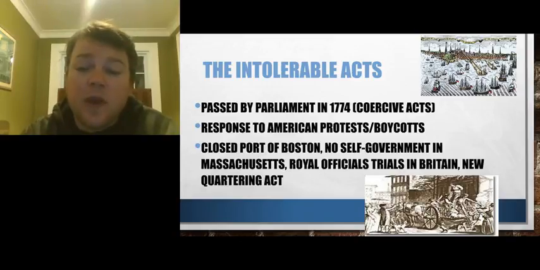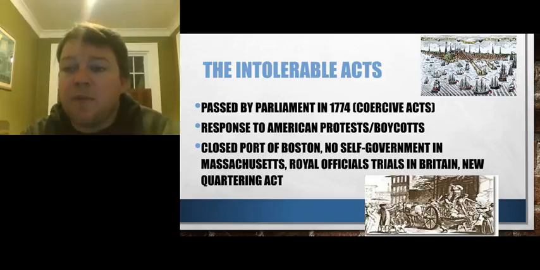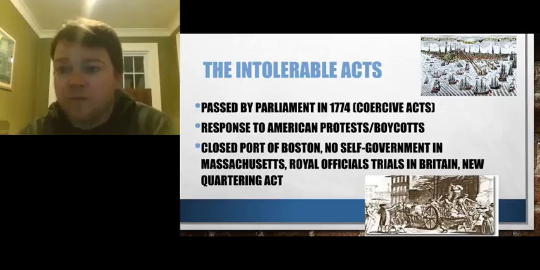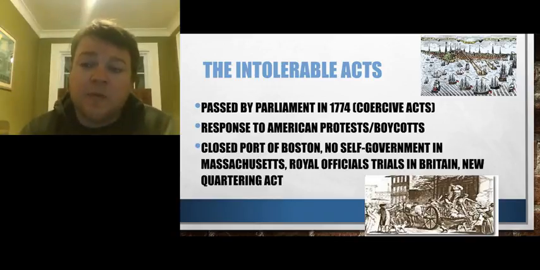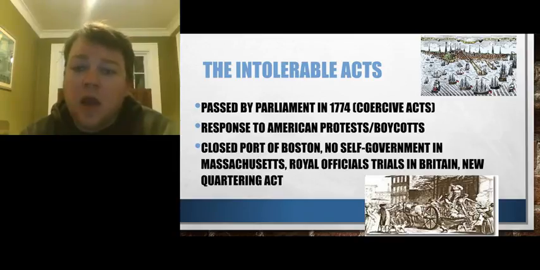Next thing they do, the Boston Tea Party happens in Boston, Massachusetts, so they take away basically any rights to self-government. They impose in Massachusetts a royal governor. They get rid of town halls. Anyone who is in the government is going to be appointed by the king and/or Parliament.